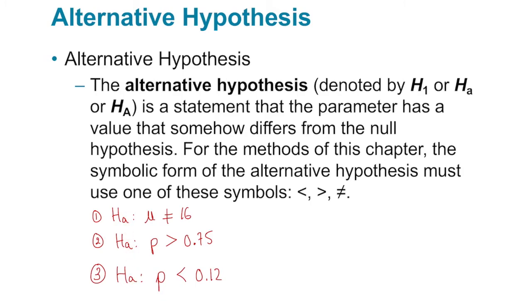HA is a statement about the population parameter, and HA only contains the inequality. So in your HA, you will only contain either the not equal to, or greater than, or less than.